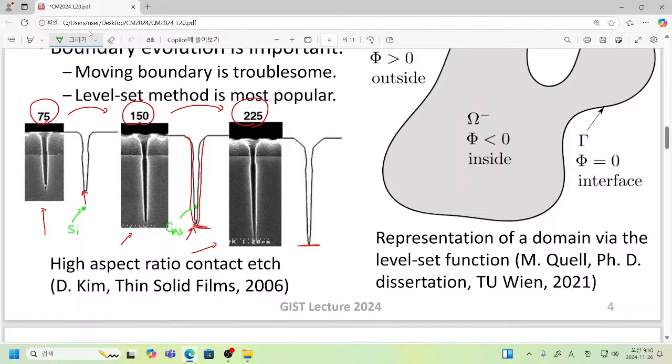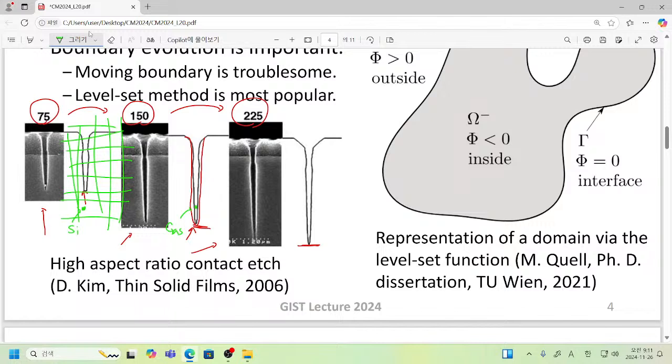The best way, and the most expensive way, would be to make so many grids, and if a certain etching occurs, we can just flip the material index from silicon into a gas phase. That corresponds to the etching of that small volume.